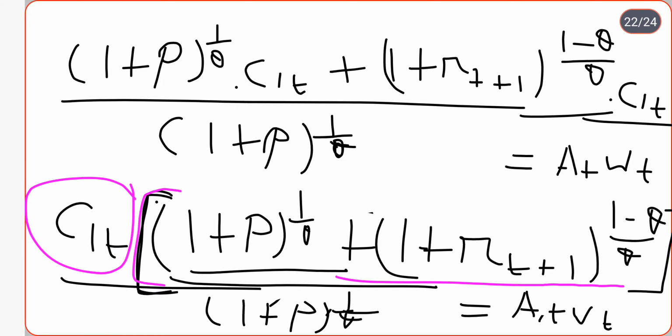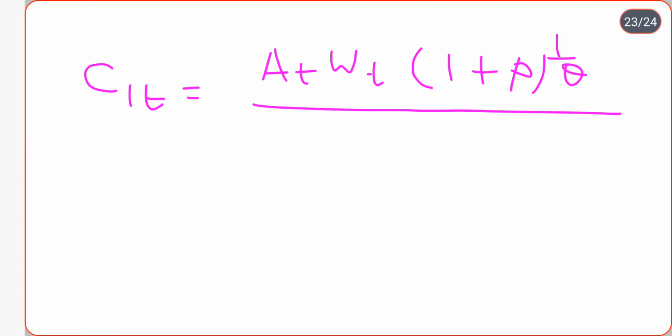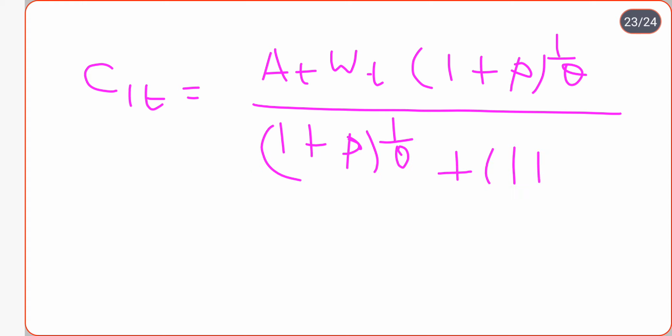That means we divide by 1 plus rho to the power 1 by theta plus 1 plus rt plus 1 to the power 1 minus theta by theta.